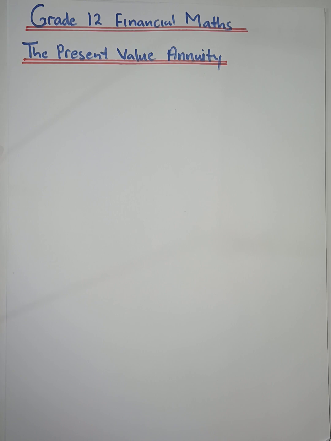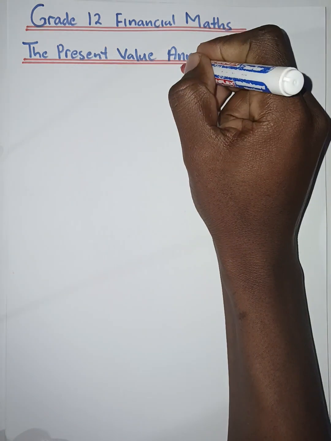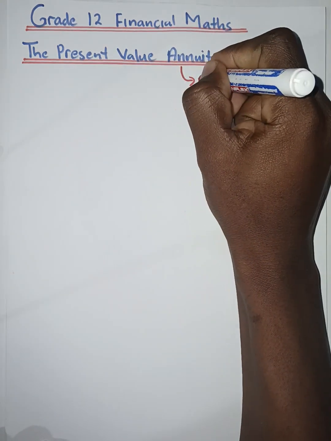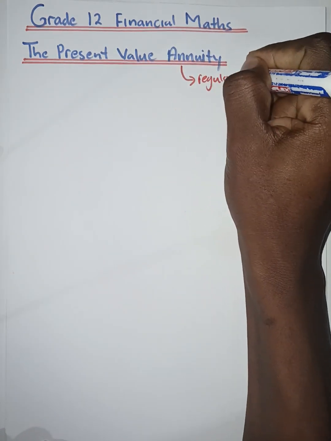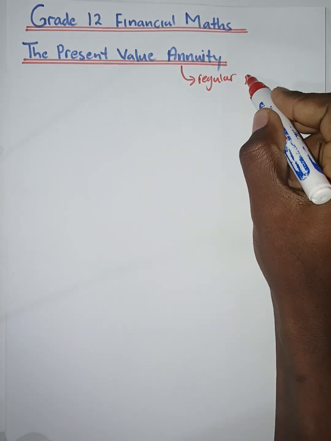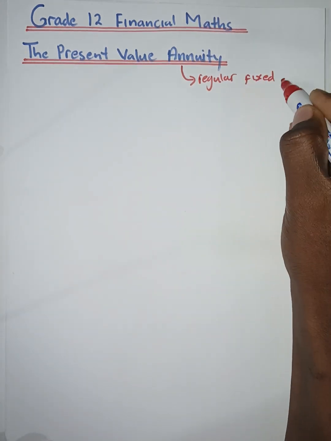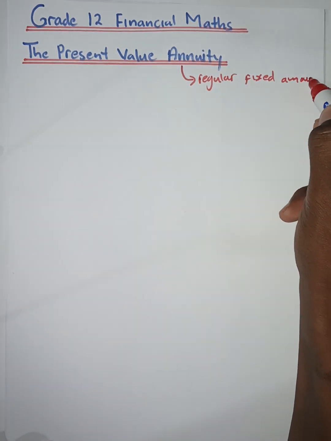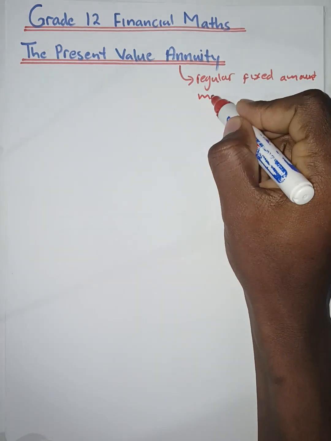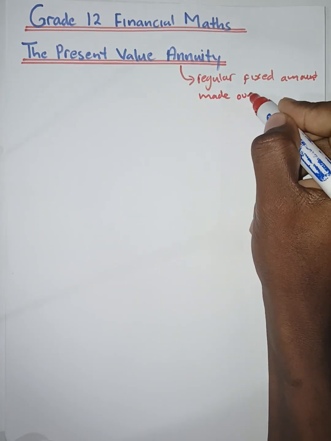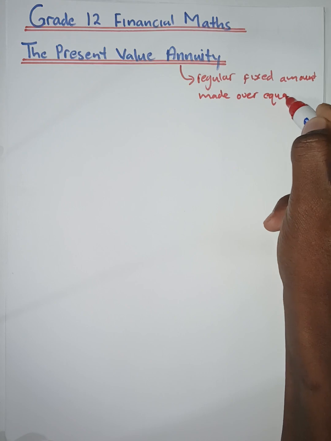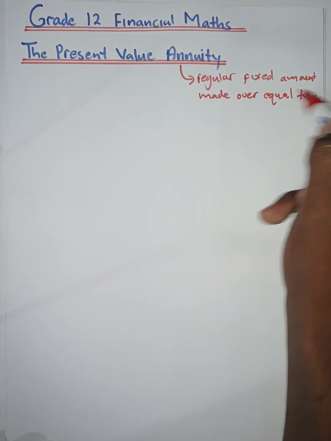Again, to go back to this idea of an annuity, we said an annuity is a regular fixed amount made over equal time intervals.